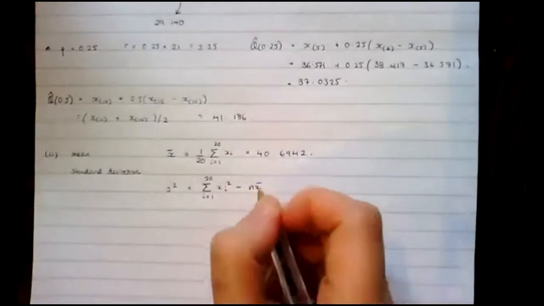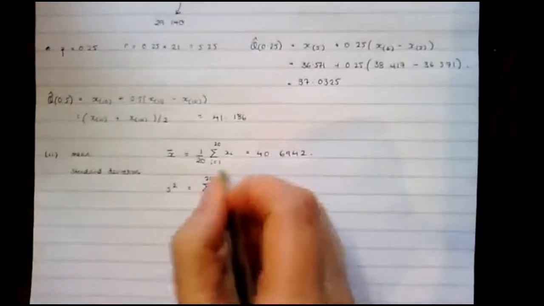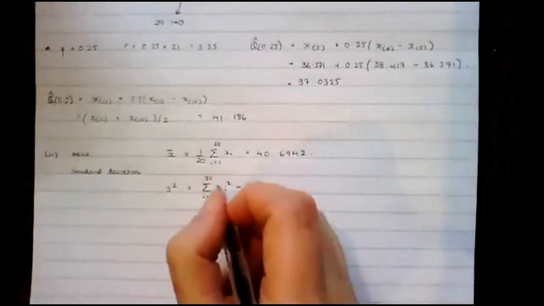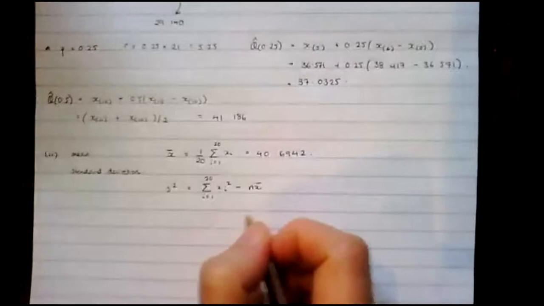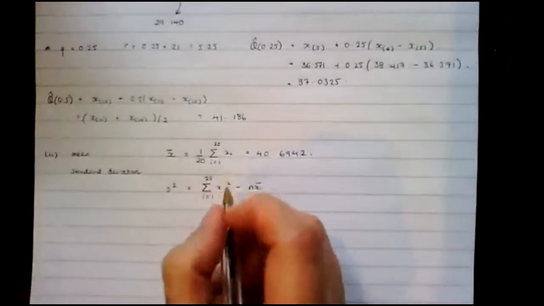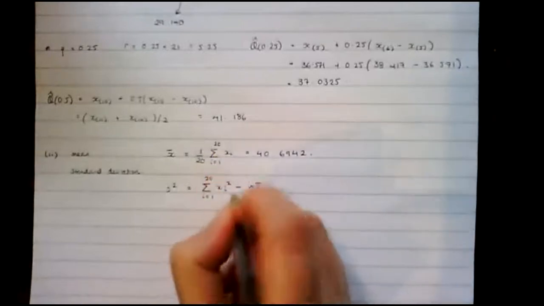That's my motivation for using this formula rather than the one that subtracts the mean each time and squares them, because, with my thing about using a calculator, I want to reduce the number of errors that I can make.